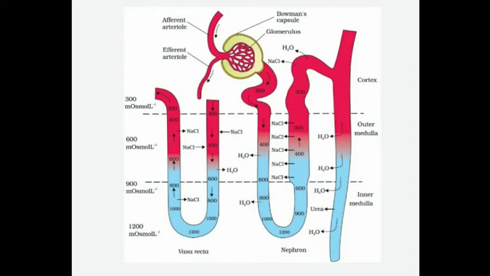Thus, the DCT, distal convoluted tubule, and the collecting duct produce urine four times more concentrated than the initial filtrate. So this is about the counter current mechanism, how the flow of the filtrate in the two limbs of the Henle's loop and the vasa recta is maintained.